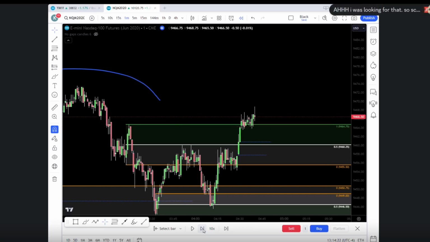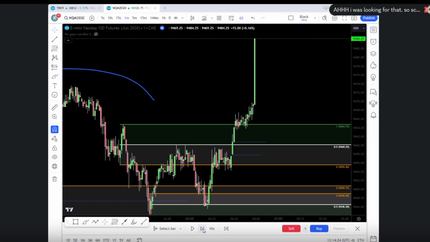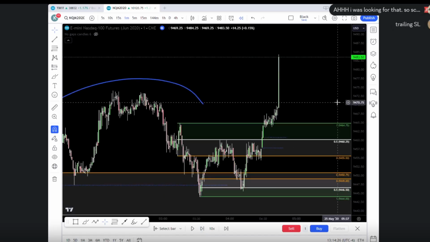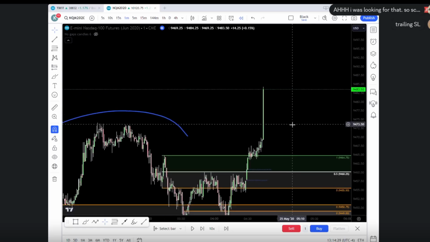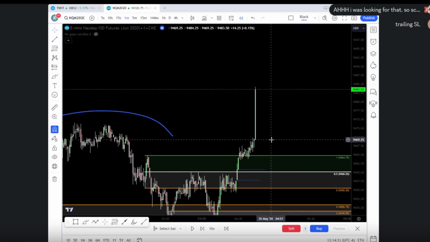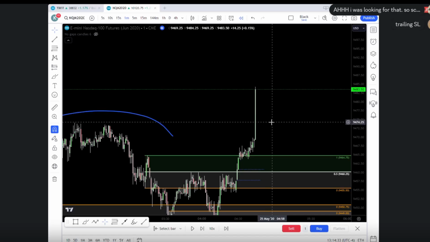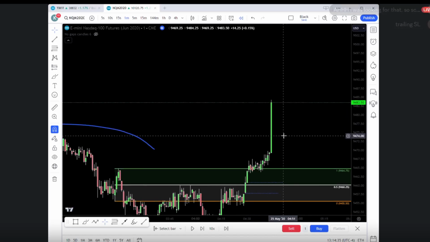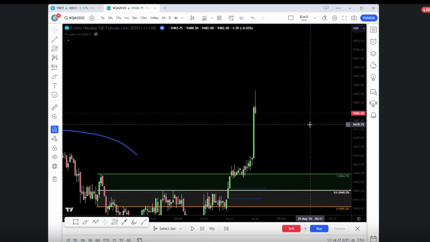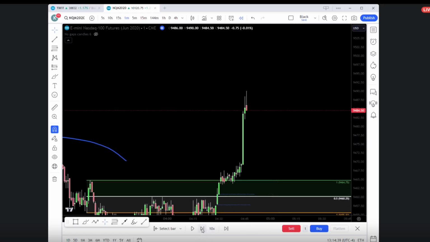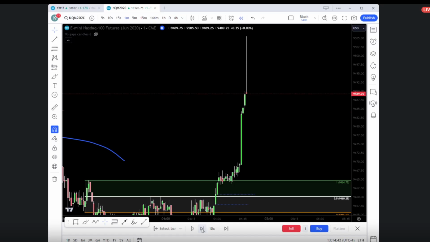Still no valid high. Right? Stop below here, maybe 50% of it. See what the next candle gives you. And you're trailing up.